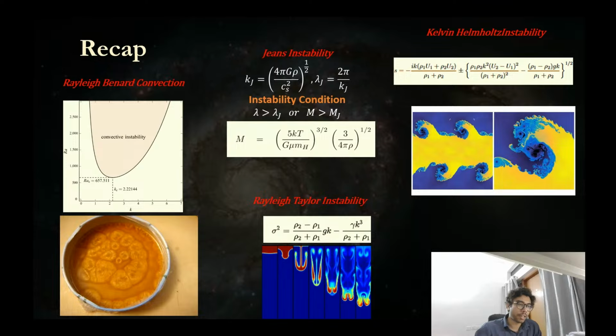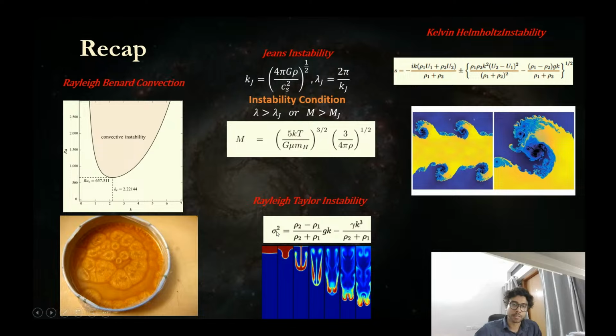But what if you have a denser fluid at the top and lighter fluid at the bottom? What will happen is that if you perturb the system a bit, it will form these types of structures which are typical of the Rayleigh-Taylor instability. So this is the dispersion relation for the Rayleigh-Taylor instability.